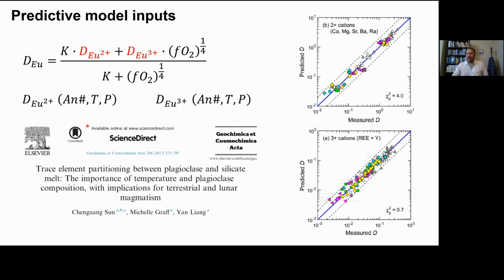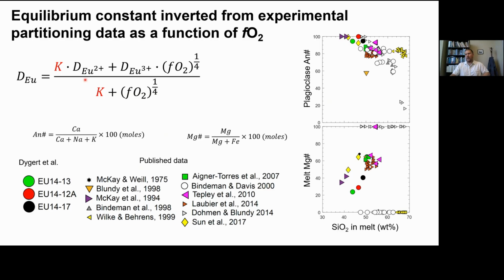These models make it possible to predict partition coefficients as a function of the anorthite content of the plagioclase, basically how calcic it is, the temperature and the pressure. And over here on the right, you see for the calibrating data, predicted partition coefficients plotted against measurements for divalent and trivalent elements. So this accurate and precise model can be leveraged to develop a model for the total europium partition coefficient. That's an important model input.